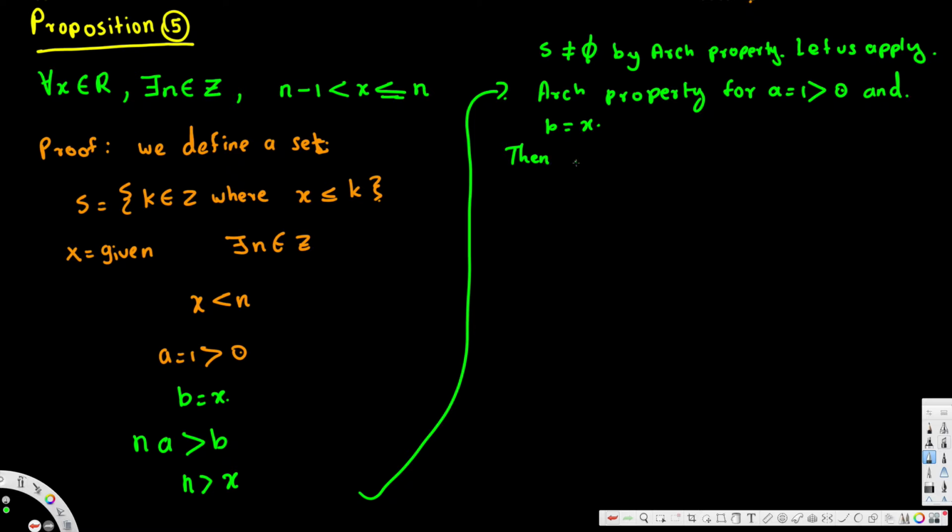Then there exists n belongs to the natural numbers such that n a is greater than b, and n times 1 is greater than x, n is greater than x. Then S is not an empty set.